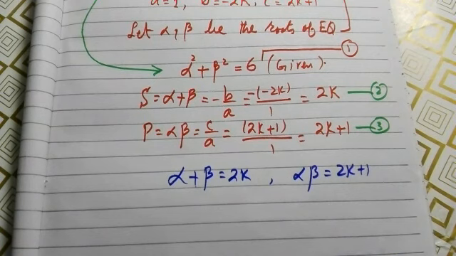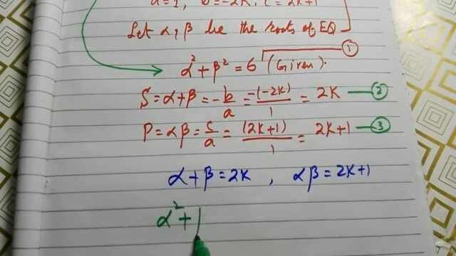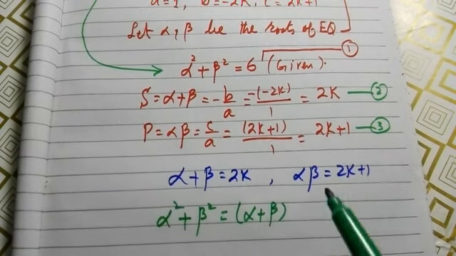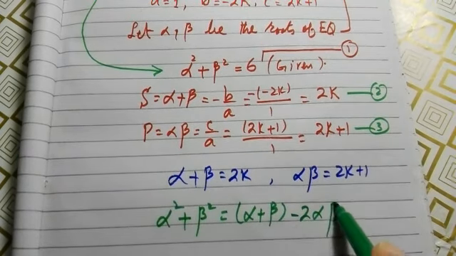Now I will solve a fact, which I just want to tell you that you will remember as a formula. It will help you a lot. Sort of arrangement or a formula that you have to remember. I am writing it as alpha plus beta whole square will be equals to alpha square plus beta square plus 2 alpha beta, so alpha square plus beta square equals alpha plus beta whole square minus 2 alpha beta.